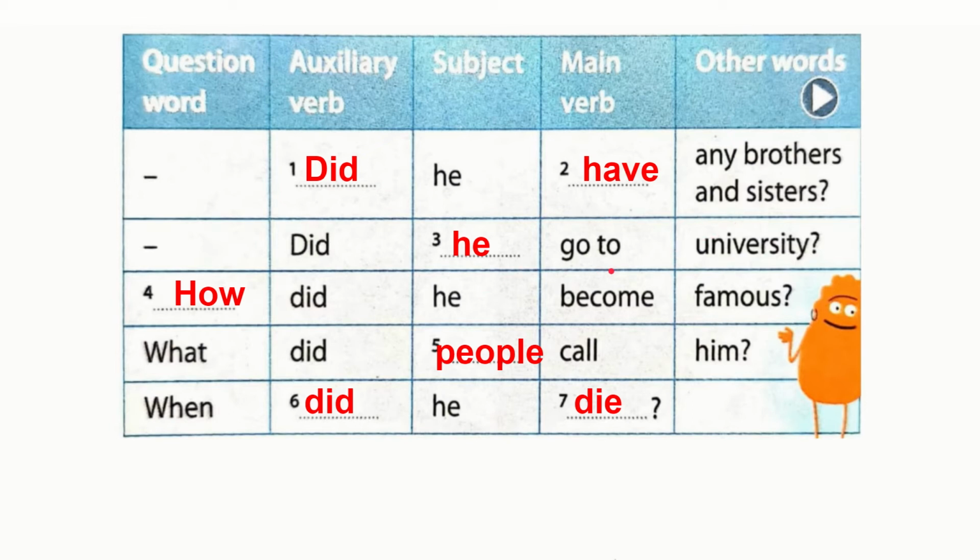Did he go to university? The main verb here, you would only use the base form, the root word, the original word of the verb, because in front here you already have did. Did is already past tense, so this one you only use with the root word.